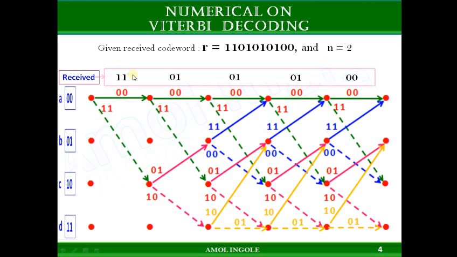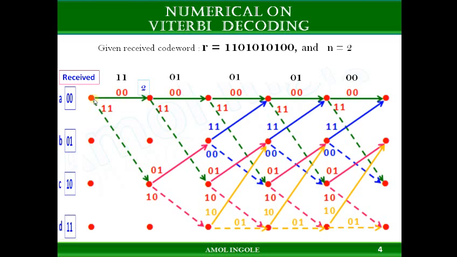So here the Hamming distance between the packet of the received code word, first packet in the first time step, that is 1 1 and 0 0. Here the Hamming distance will be 2, and that 2 can be written as a path metric for this path and will be written in a box like this here at this node.